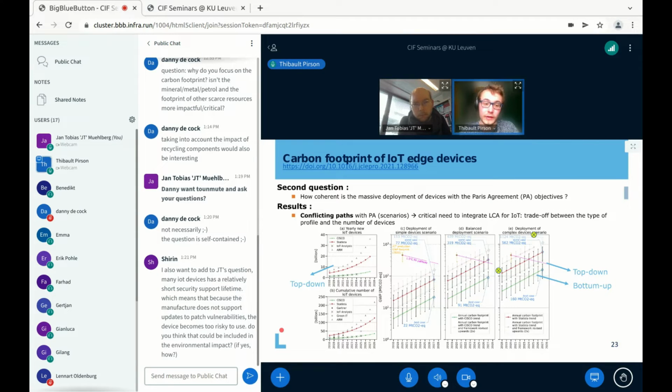But indeed, that was not considered in the framework. We only tried to put this forward in the discussion section, but did not model it. And yeah, that's true. If you want us to go deeper in that discussion, I'm also open.